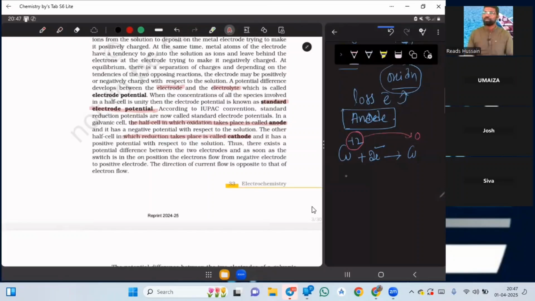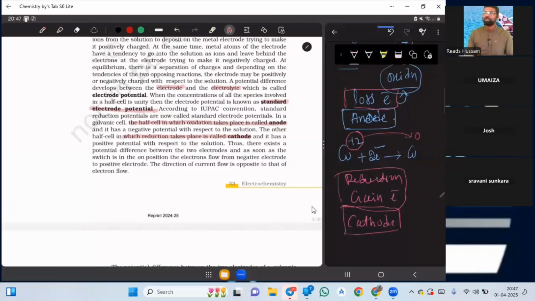This is called reduction. Reduction means what? Reduction means gaining of electrons. Okay, oxidation means loss of electrons. Reduction means gain of electrons. Just remember this. And the electrode which gains electrons, its oxidation state reduces, and that acts as cathode. These are the basic points.